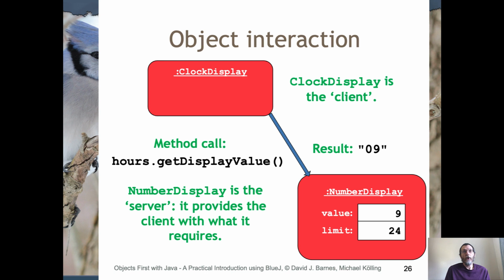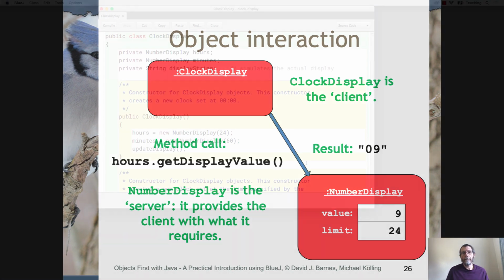So the clock display object will be able to use that value in combination with the 2-digit string returned by the other number display object in order to display the full time, hours and minutes. Let's look at the source code now of the clock display class to see how we write the source code to enable elements of one class to access elements of another class.